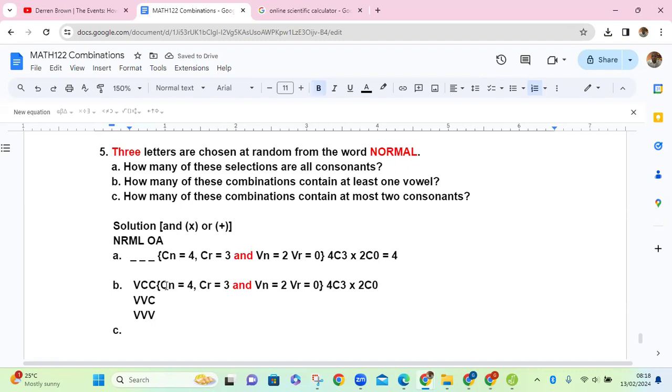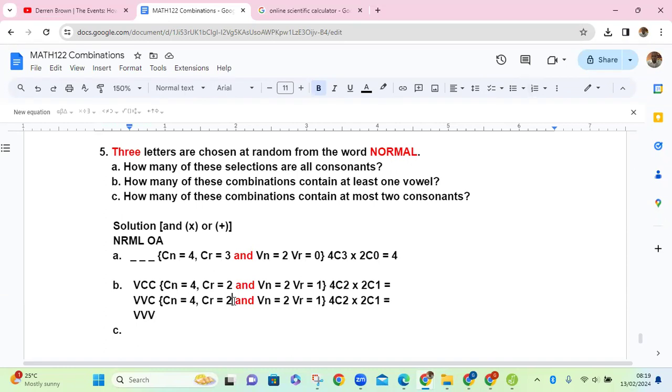From the consonants, we are selecting 2 from the 4, and at the same time, we are selecting 1 vowel from the 2. So that's 4C2 times 2C1, or 2 vowels and 1 consonant. Remember, we said at least 1 vowel.